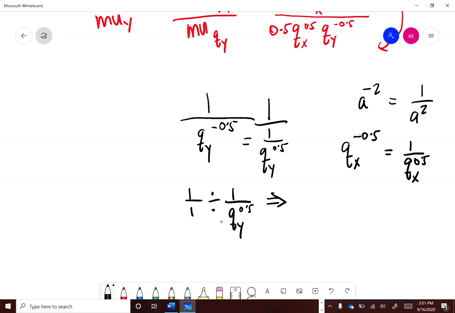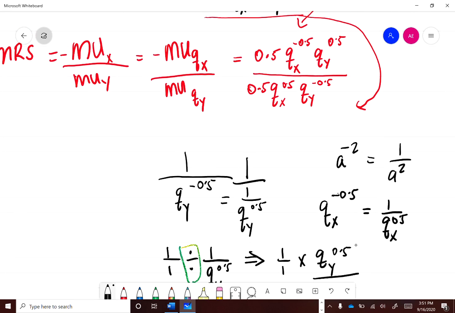If you have a division sign, it changes to a multiplication sign by flipping the fraction. So this would be equal to 1 times q of y to the power of 0.5 divided by 1. So what does that mean for our equation here? Well, it means that we can take this up to the numerator and take away that negative.